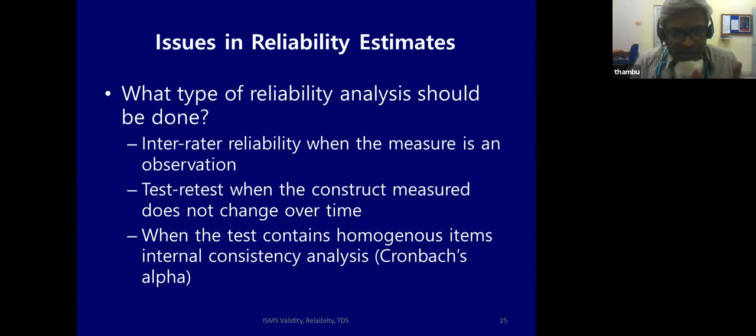When you want to test the homogeneity of different items, for example, the depression scale may have 4 items, you want to see, are they all moving in the same direction? Are they all testing the same thing? So the internal consistency of different items in one particular questionnaire is called internal consistency analysis, and the statistic some people use is Cronbach's alpha.